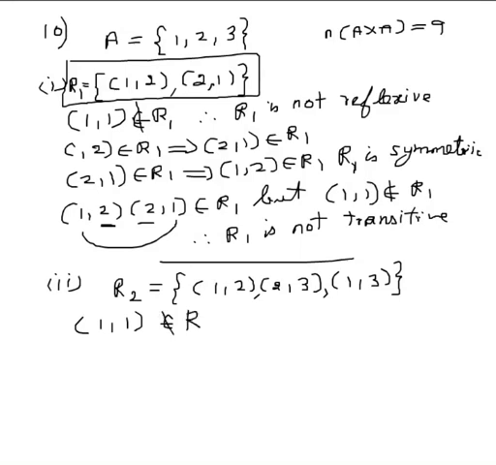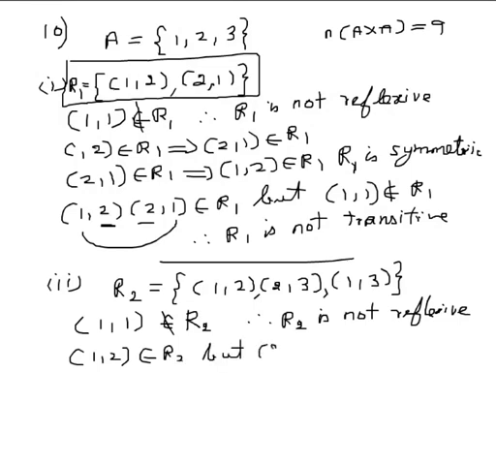It doesn't belong to R2. Therefore, R2 is not reflexive. Okay, now let us check whether it is symmetric or not. 1, 2 belongs to R2, but 2, 1 is not there. Therefore, R2 is not symmetric.